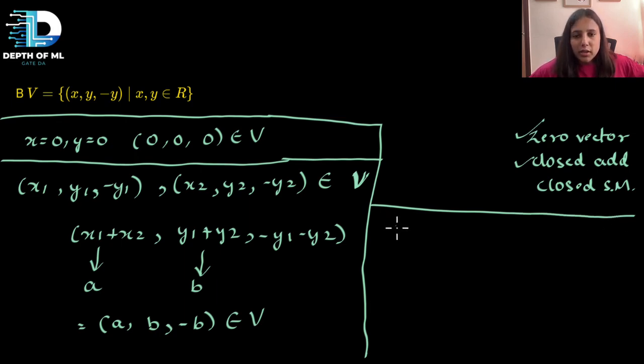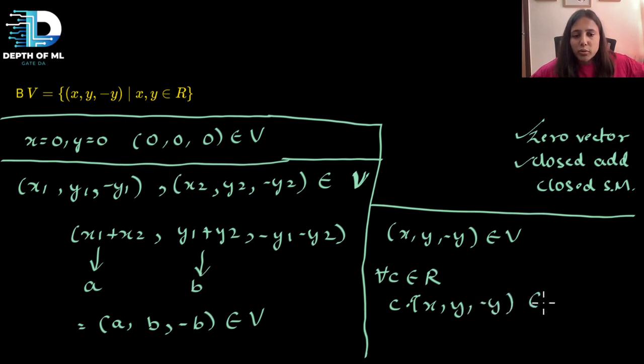So for that, I should see that if x, y and minus y belong to V, then for all c that comes from R, c times x, y, minus y should belong to V. So we'll do cx, and the vector we can just multiply inside: cy and minus cy.